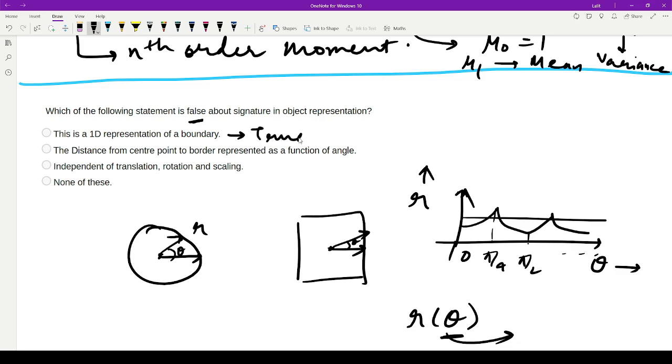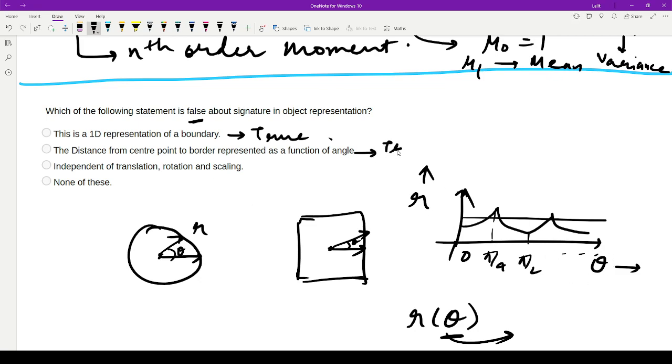Yes. So instead of storing all the pixel values x comma y of these boundaries, you can just store the function of r with respect to theta. So it's a 1D variable. Yes. The distance from center point to the border is represented as a function of angle. So r is represented as a function of theta.